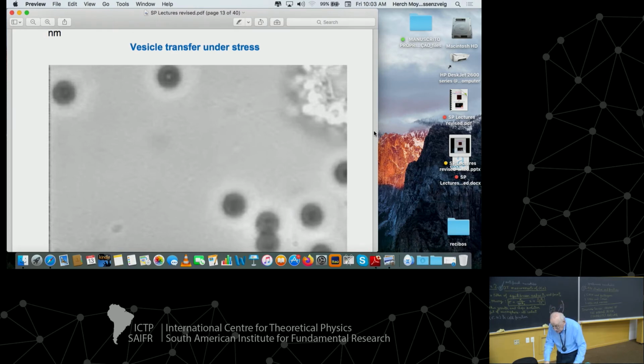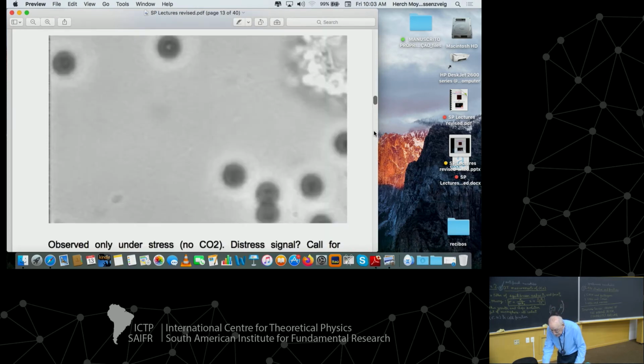Now, what's most important in this picture, and we have the video, but I didn't bring it, is that it is connected to another cell which is below, it's not seen here, by a TNT.